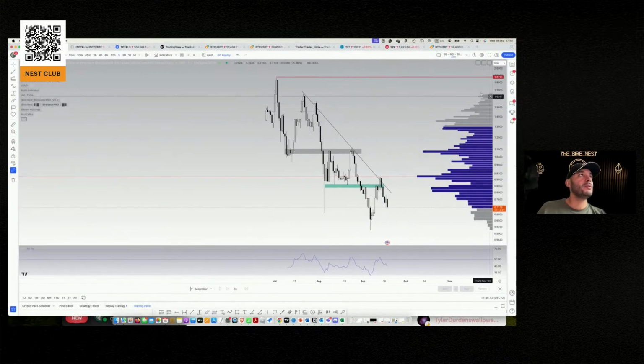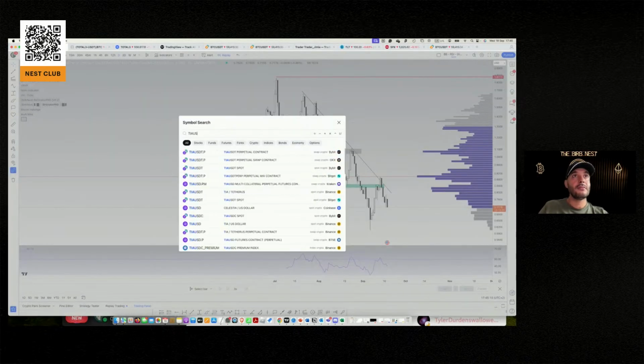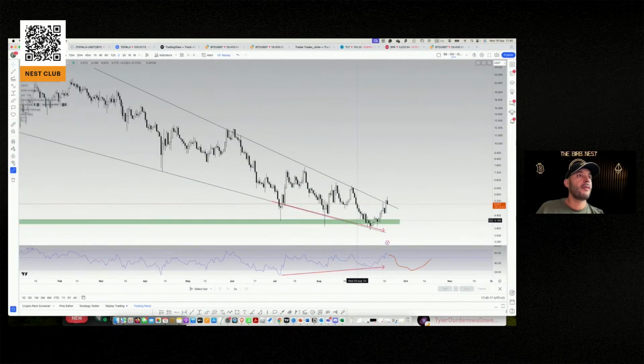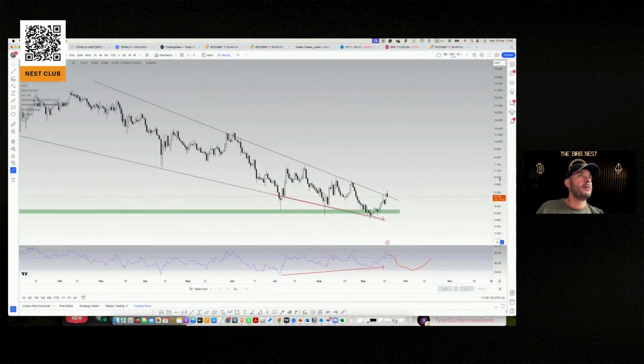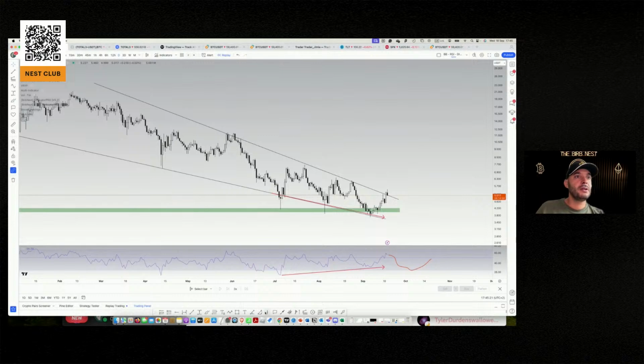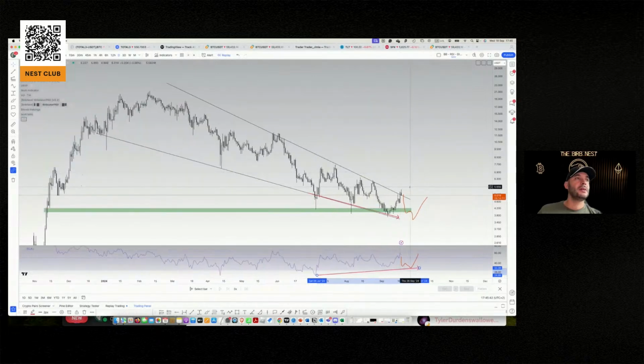If it makes a triple divergence, where the price is going lower, while this bad boy here on the RSI would give us something like this. But too early to anticipate. I just need to wait after today.